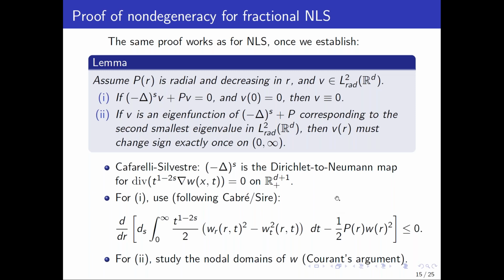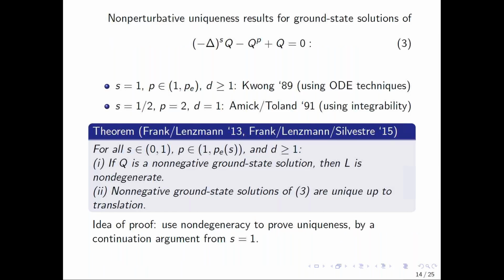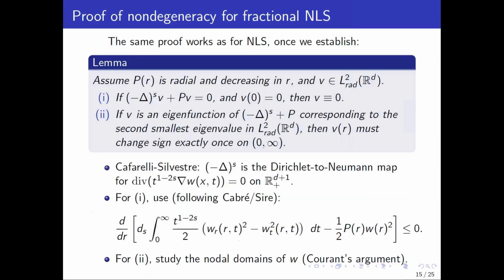So, skipping to the end of that, we have this lemma, and then once you prove the lemma, the same argument that I gave before for NLS will prove nondegeneracy for fractional NLS. So at this point, we've proved the nondegeneracy statement of this theorem, that if you have a non-negative ground state solution, then L is nondegenerate.